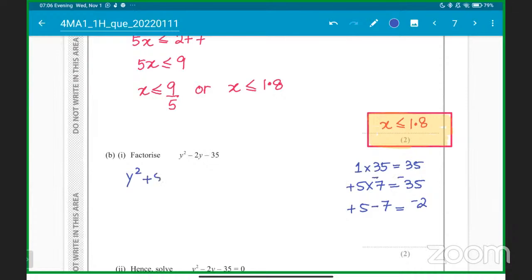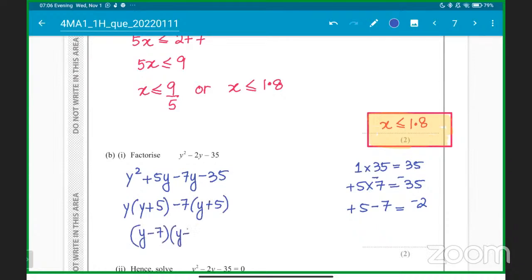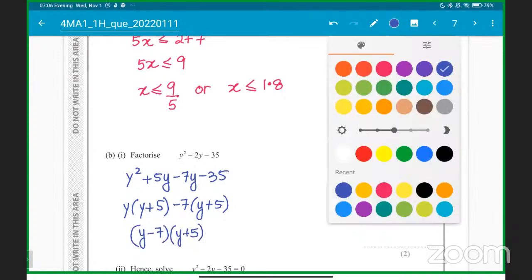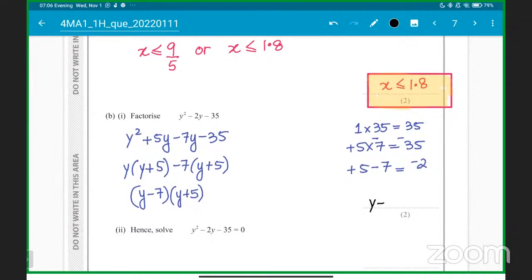So y squared plus 5y minus 7y minus 35. You take y common from the first two terms, y plus 5 inside the bracket, and minus 7 common, y plus 5 inside the bracket. So y minus 7 and y plus 5 are the factors. You have done the factorization. Understood? Yes, sir. Got this one clear? Yes, sir.